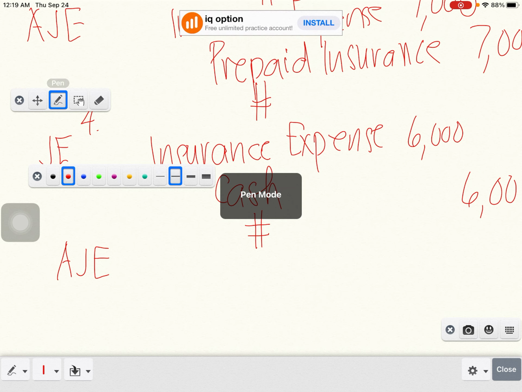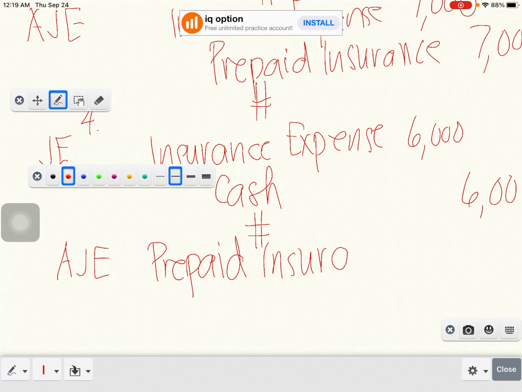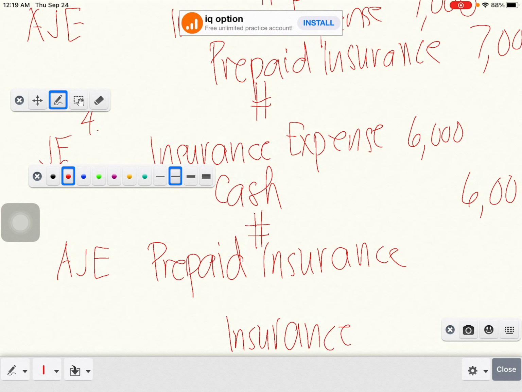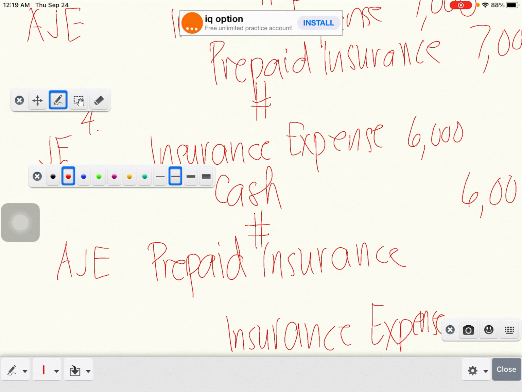So we must record the asset portion. Prepaid insurance. Insurance expense. Asset is 9. So 9 times 500.